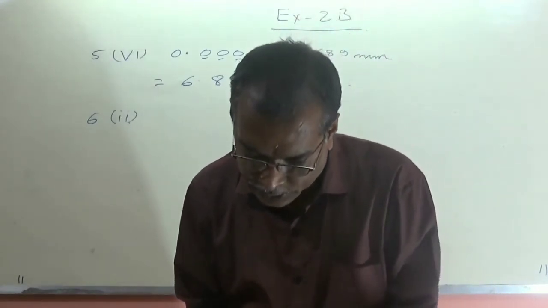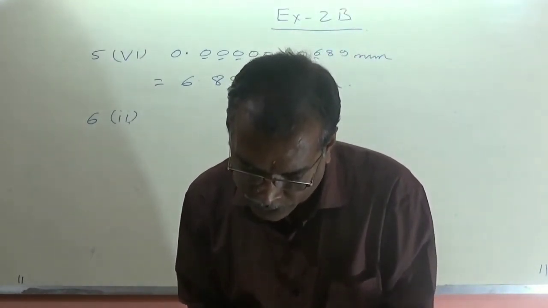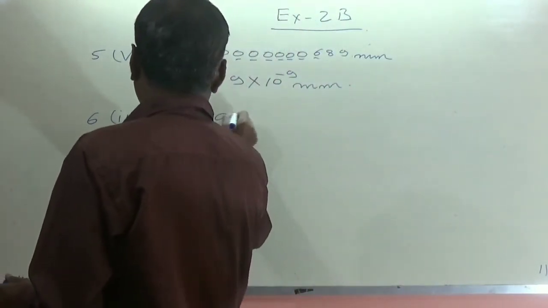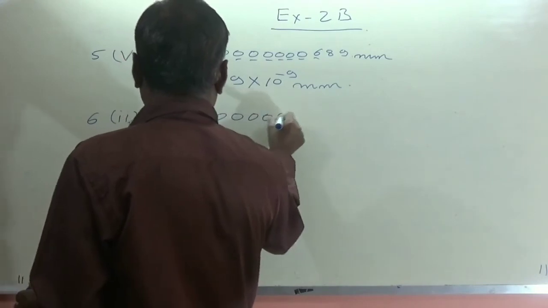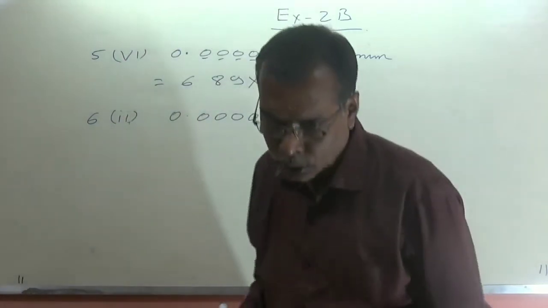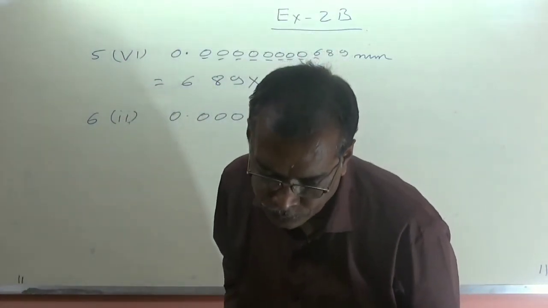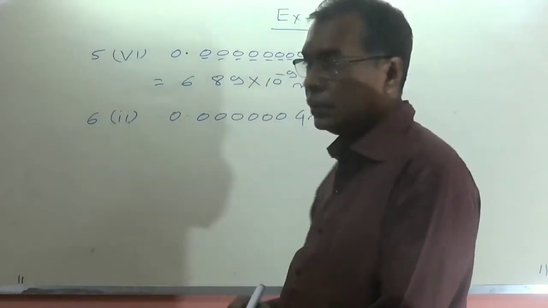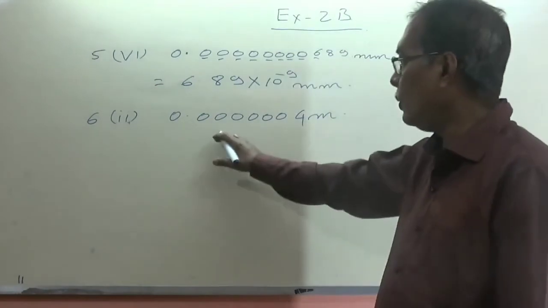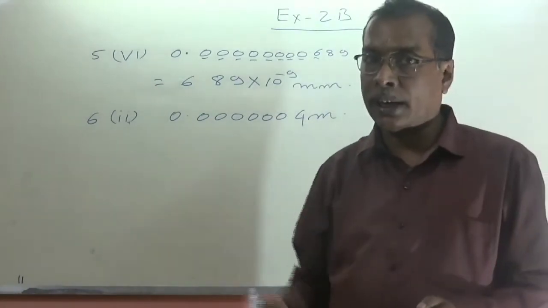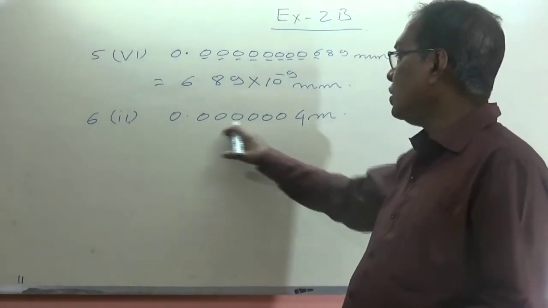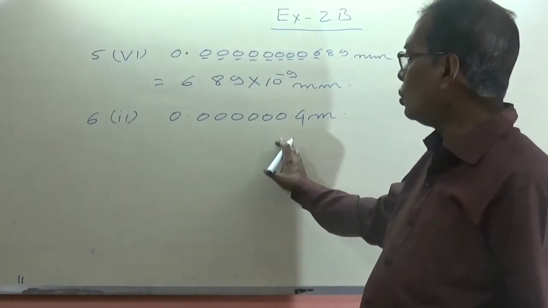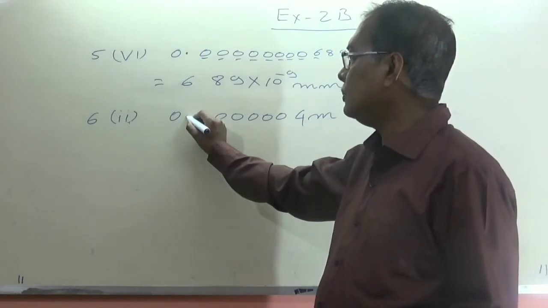The size of a bacteria is 0.6 zeros, 1, 2, 3, 4, 5, 6 into 4 meter. This is the size of a bacteria. I don't know which type of bacteria it is. Anyway, this one is required to change into standard form. How are you going to change? This decimal is here.